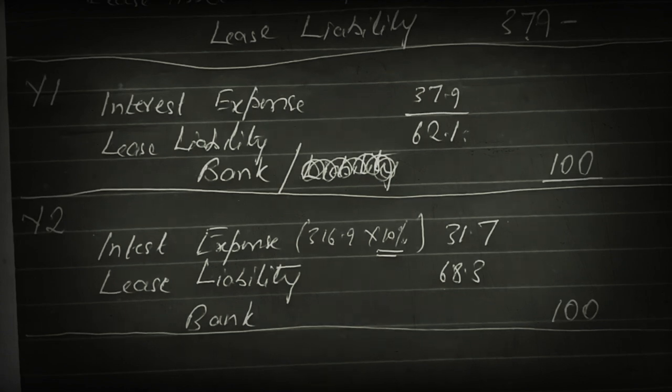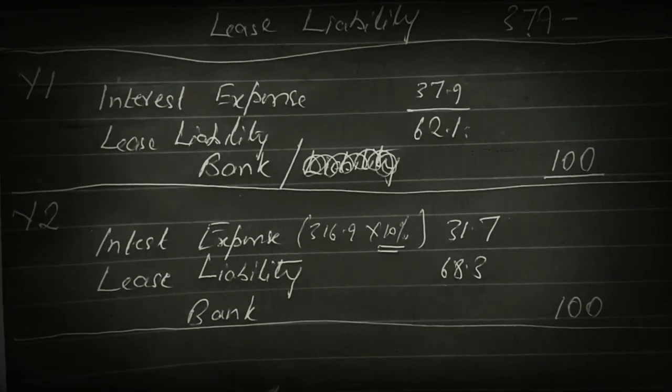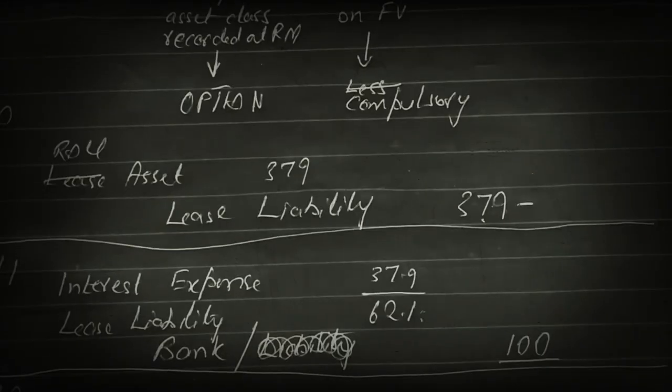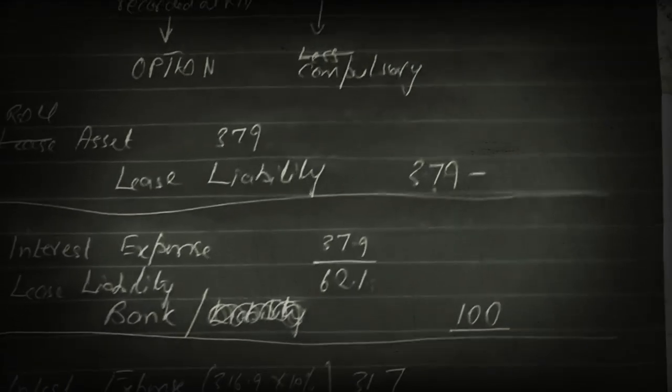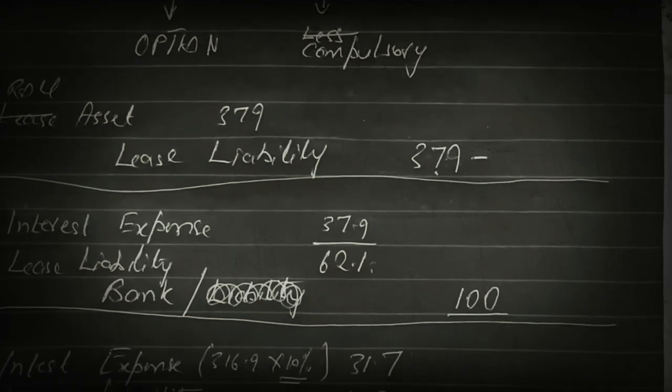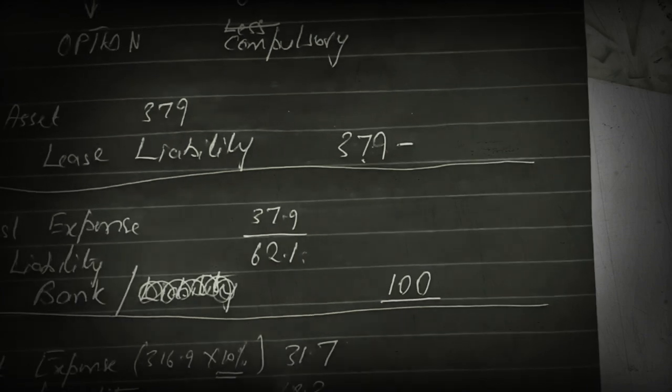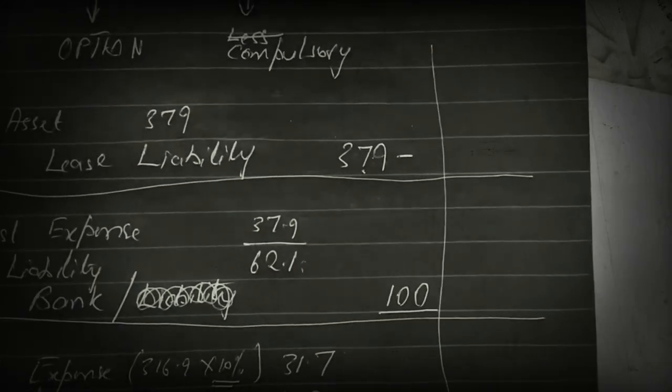And in addition to these entries, for each year you will also have to make an entry for the depreciation expense. So if we are dividing the entire asset over 5 years, because that is the shorter of the useful life or the lease term, then we would also have to make another entry.